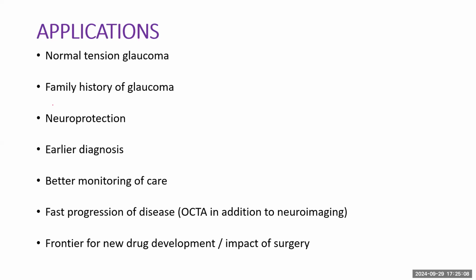So if we have medications that are looked to have neuroprotective effects, this might be a way to test them. If we're having a faster progression of disease despite care in a pattern that looks beyond glaucomatous, it may be good to have an OCTA in addition to the neuroimaging.